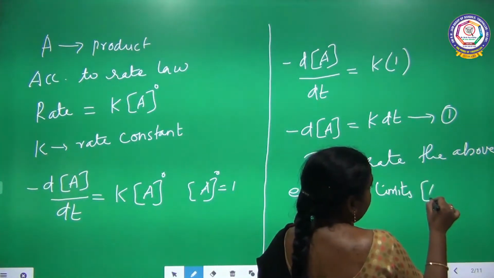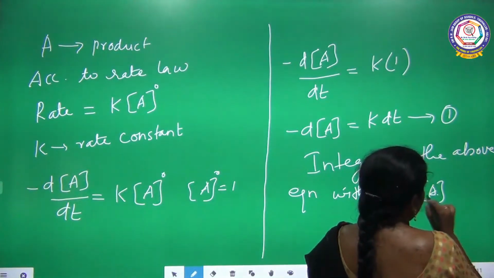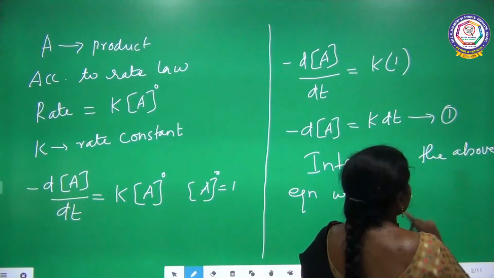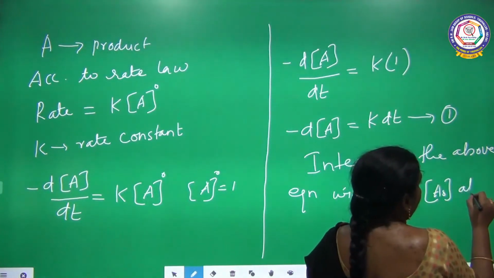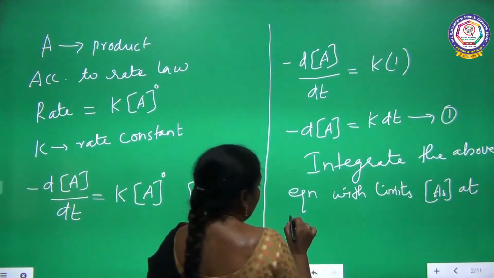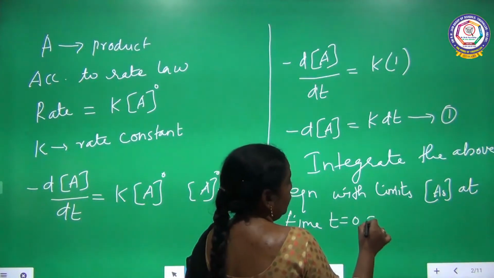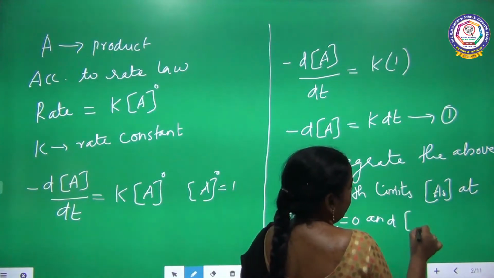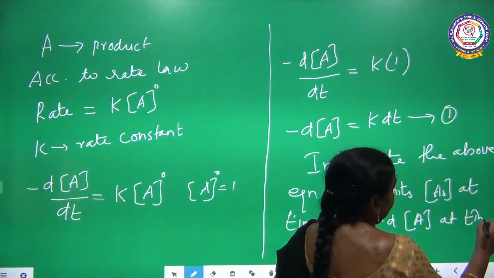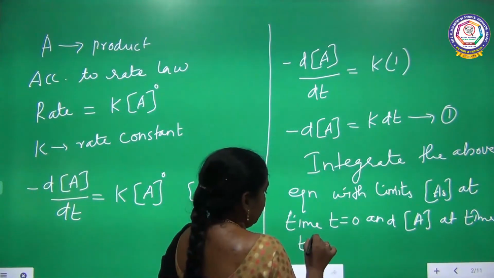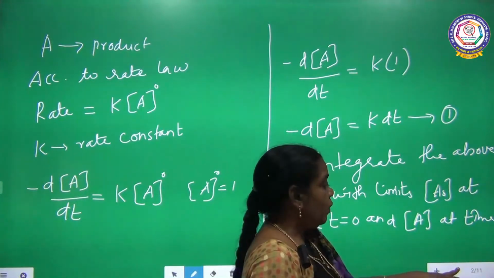The initial concentration A0 at time t equal to 0, and A at time t seconds. Now, we are going to apply the limits to the above equation.